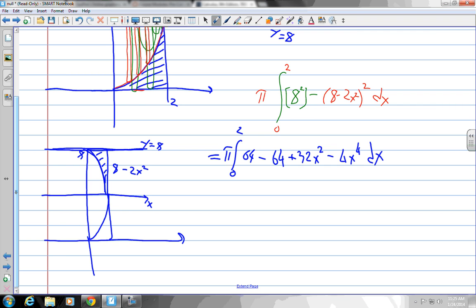Right? So now it's a simple integral. Whatever that is.